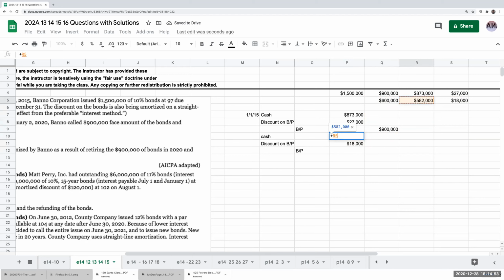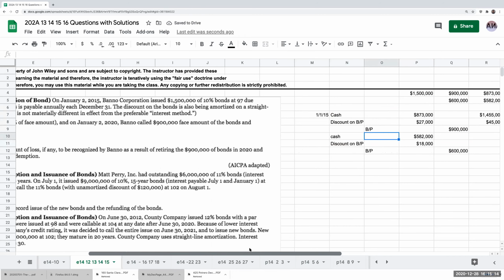The cash I received is 582,000. If I was to lump this together as one journal entry, it would be right over here. And just to make sure, this is 3% of the face amount.